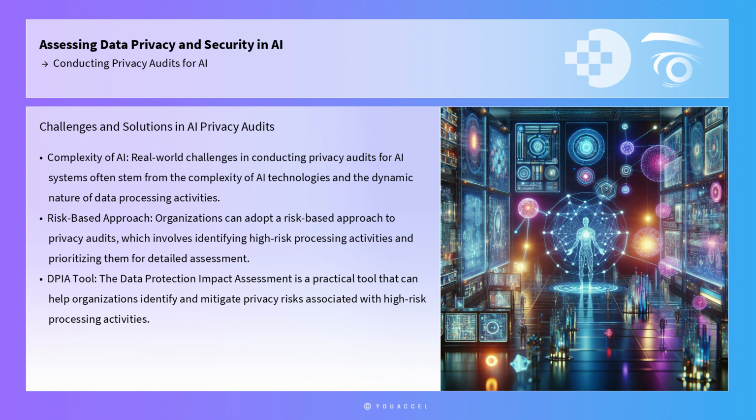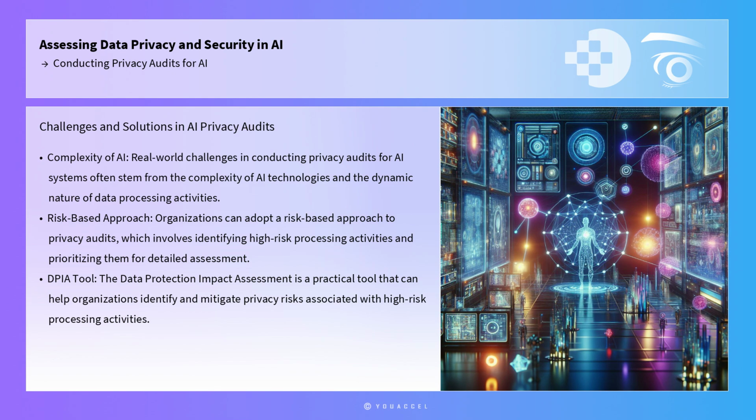Real-world challenges in conducting privacy audits for AI systems often stem from the complexity of AI technologies and the dynamic nature of data processing activities. To address these challenges, organizations can adopt a risk-based approach to privacy audits. This involves identifying high-risk processing activities and prioritizing them for detailed assessment.